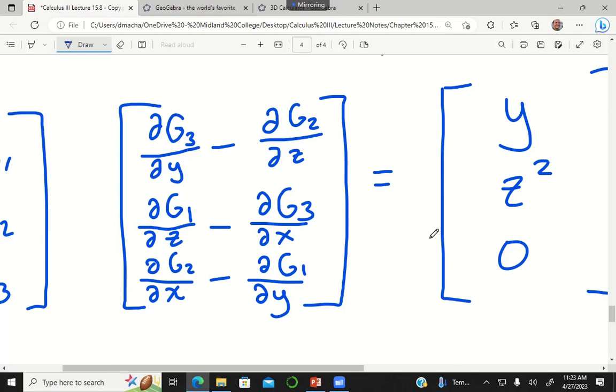Then I just have to memorize that the first thing is G3. And then the other sort of exclusionary rule is that I never take the partial of G3 with respect to Z. It never happens.